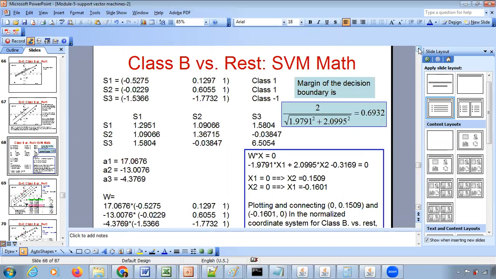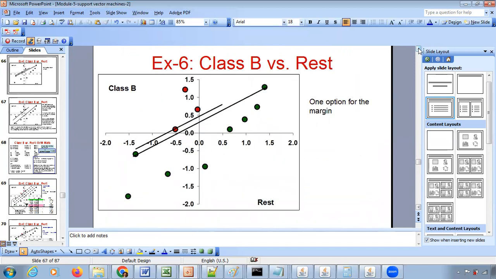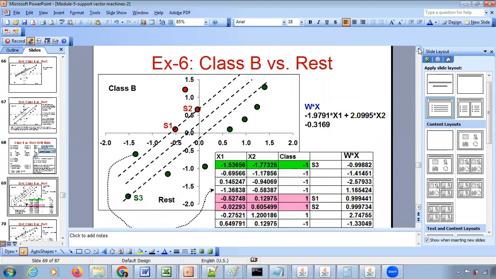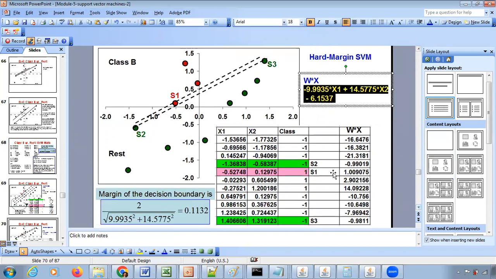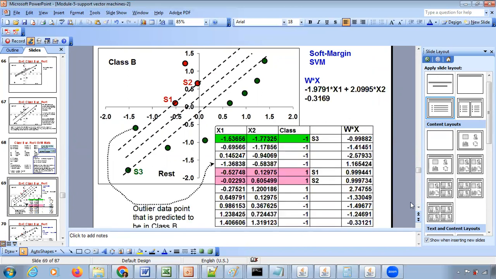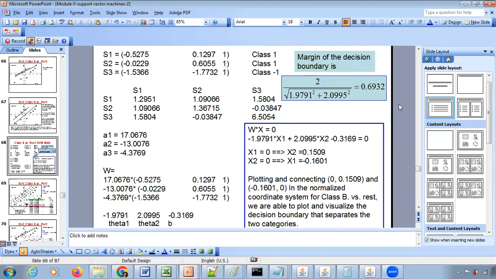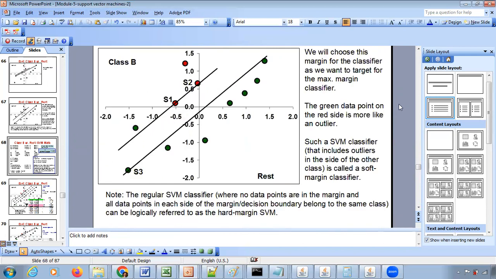But of course the margin is much smaller. So if you went through the math for W times X, we get this as W times X. And if you find the margin of the decision boundary using this theta 1 and theta 2 here, we get it to be 0.1132, which is much smaller than the 0.6932 that we had for the soft margin support vector machine.